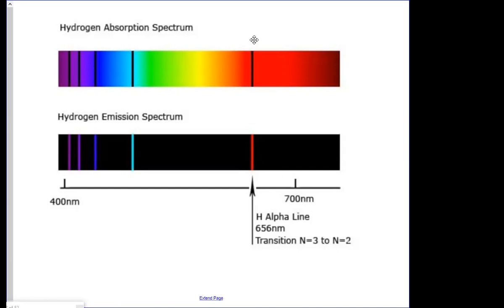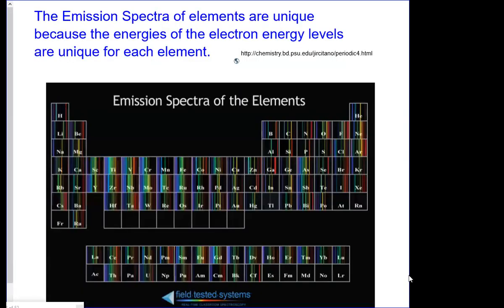When we're measuring the fact that hydrogen would absorb red light, teal light, and a couple of purple energies, then we would be seeing these black lines against a rainbow of all color, being the absorption spectra. Emission and absorption spectra are the opposite of each other.